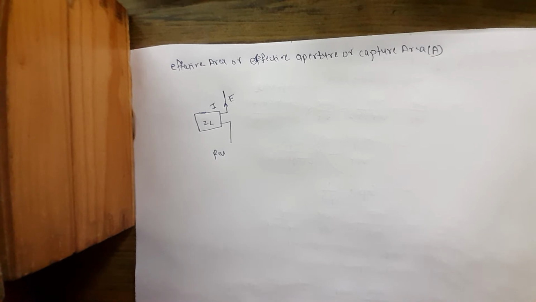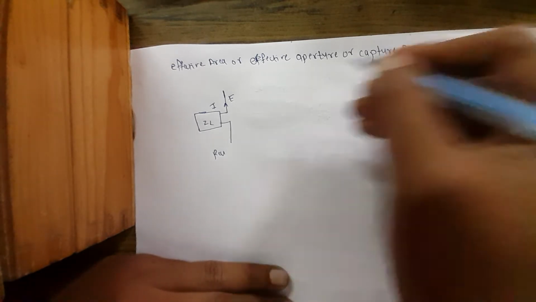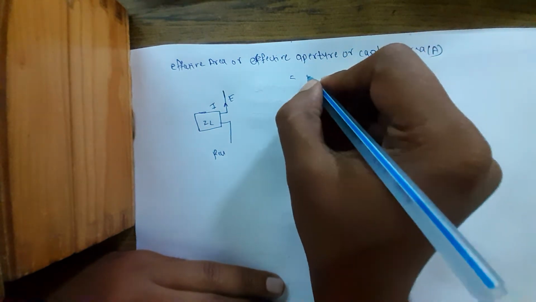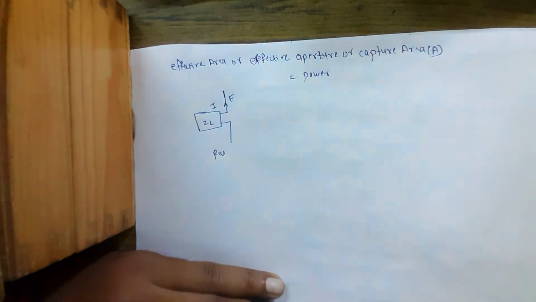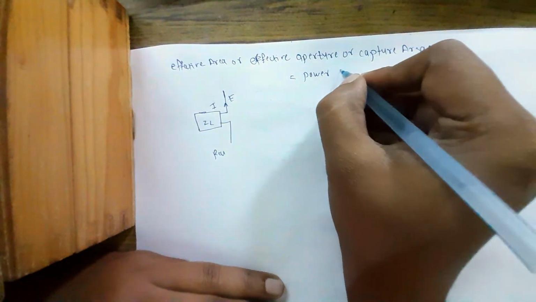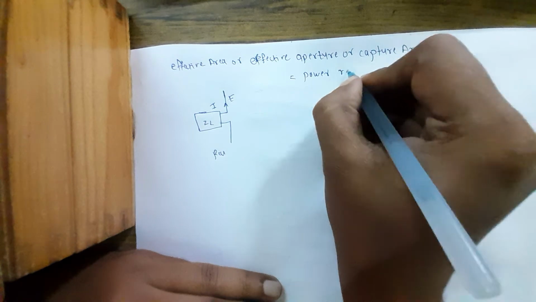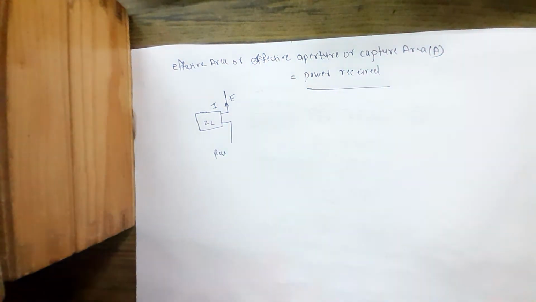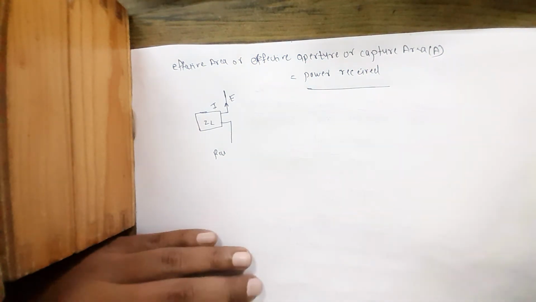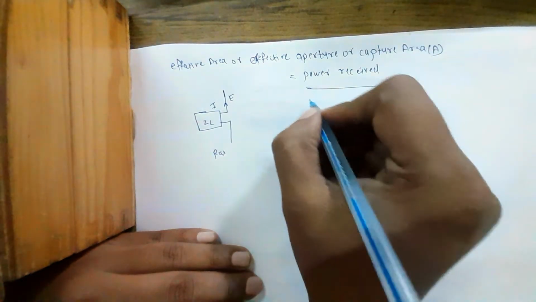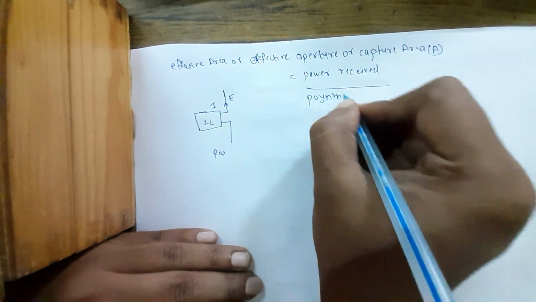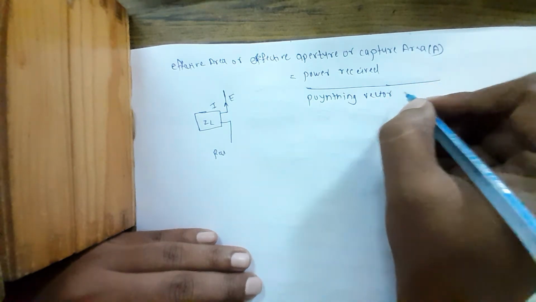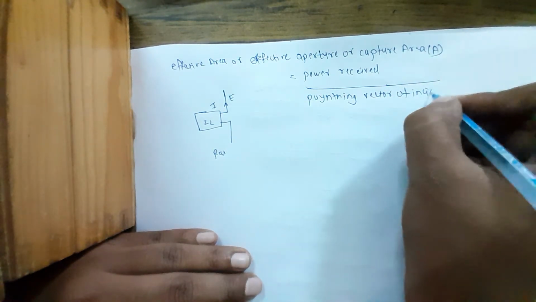It may be defined as the ratio of power received divided by the Poynting vector of the incident wave.